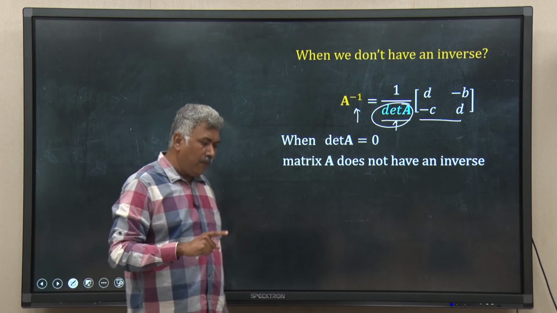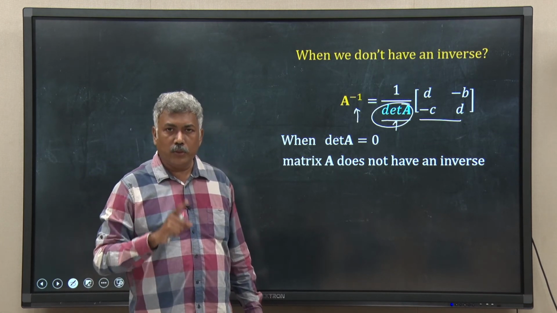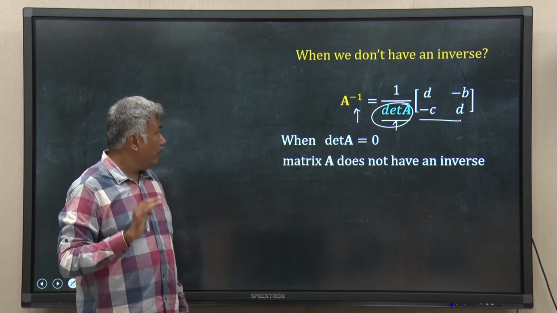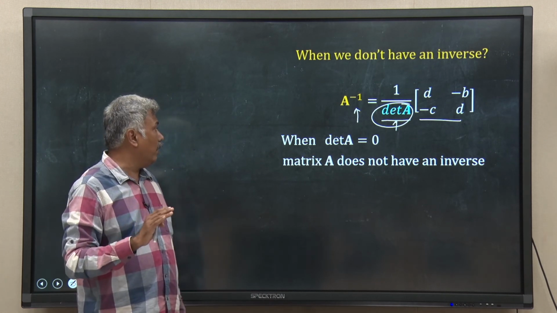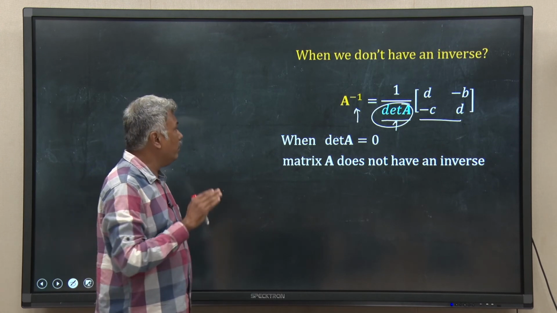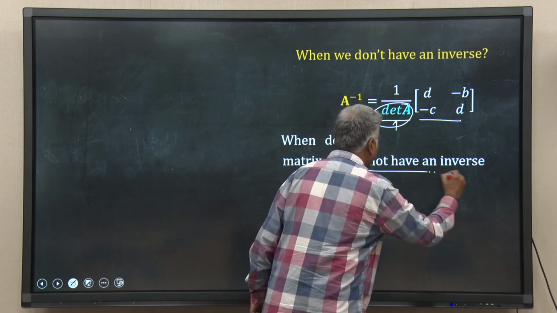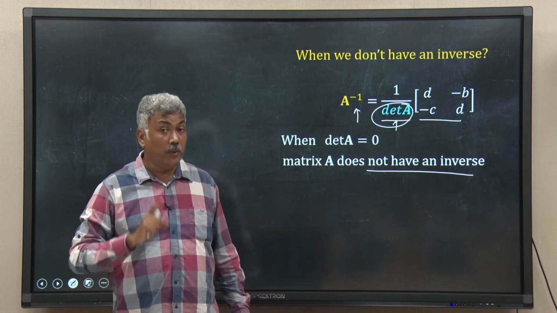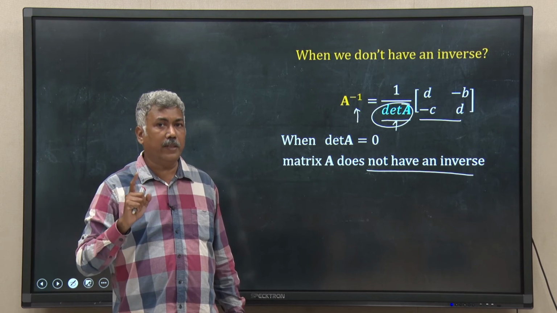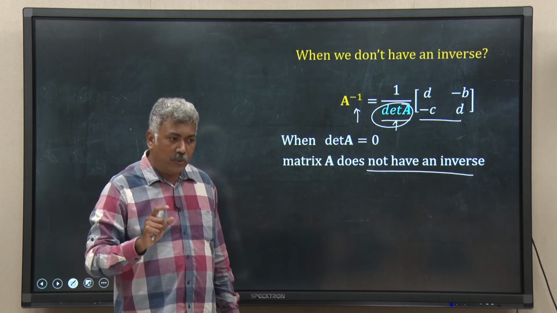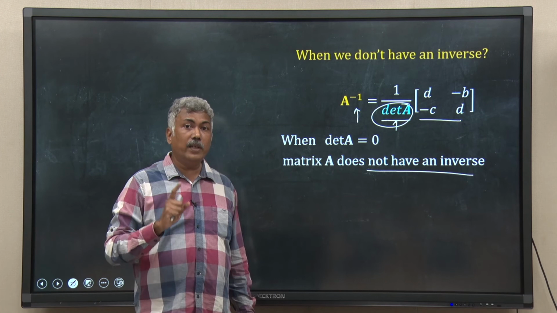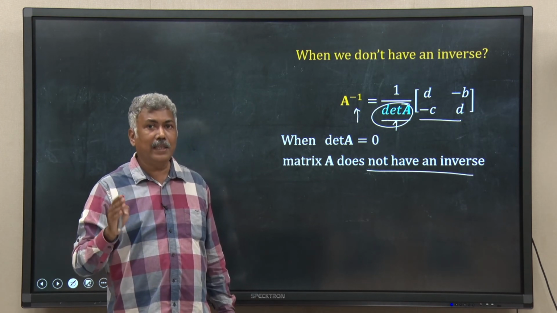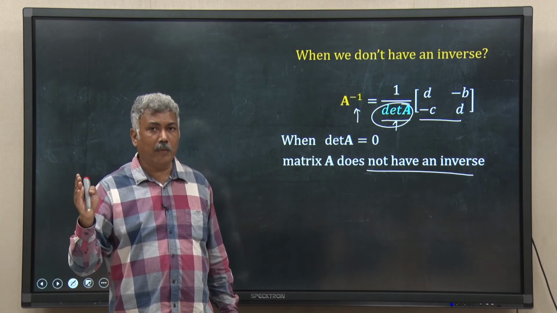So, that means, if I have a square matrix, 2 by 2 or a higher one, whatever it is, if its determinant is equal to 0, then we cannot have an inverse of that matrix. And a few slides back we discussed when we can have the determinant of a matrix equal to 0. A matrix will have determinant 0 if it is rank deficient. So, the rank is less than the maximum rank possible.